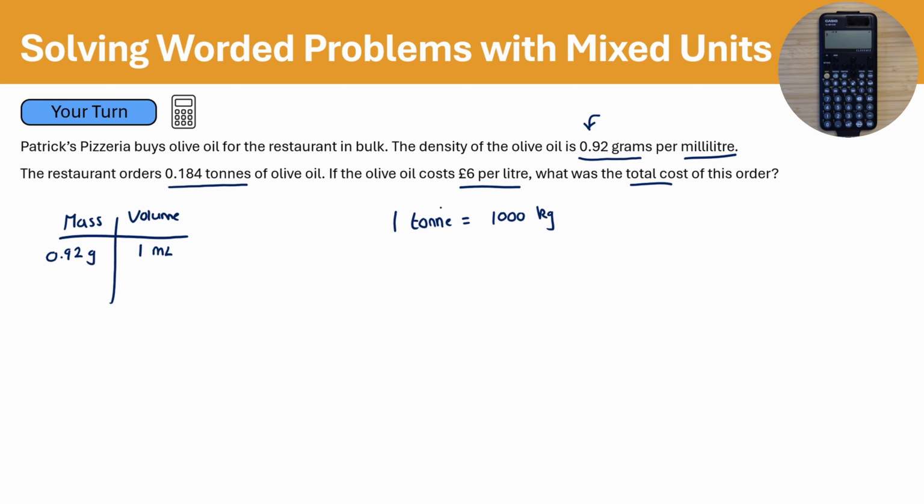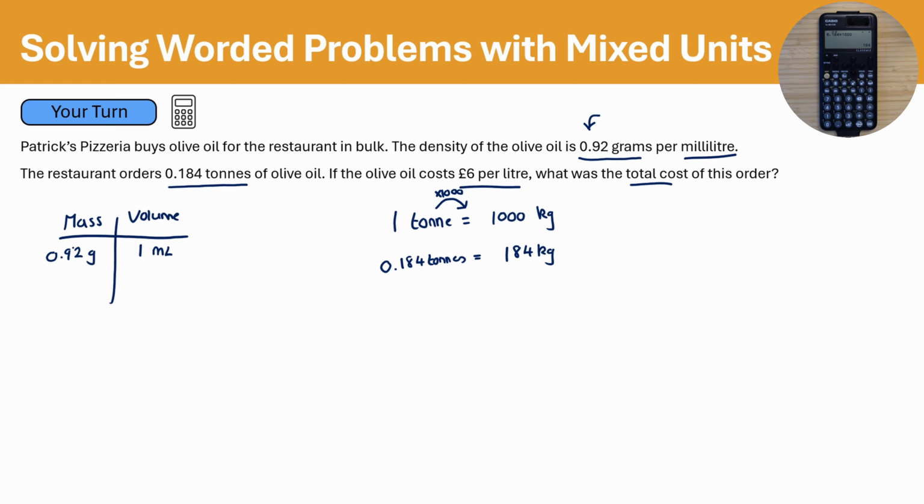And if we imagine how we go from tons to kilograms, we would multiply by 1,000. We have 0.184 tons. And if we multiply that by 1,000, you might not need your calculator to do this, and that's okay. But it gives us 184 kilograms. That's how much olive oil they ordered.